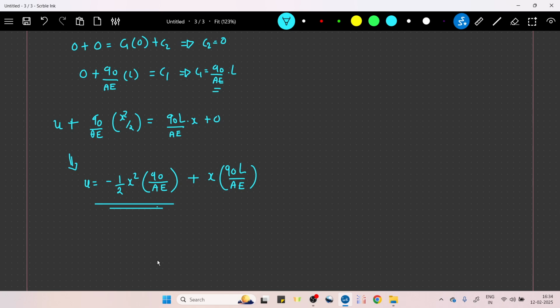I want to plot this equation, displacement with respect to the length of the rod, that is x. As I said, we'll try to simplify as much as possible.